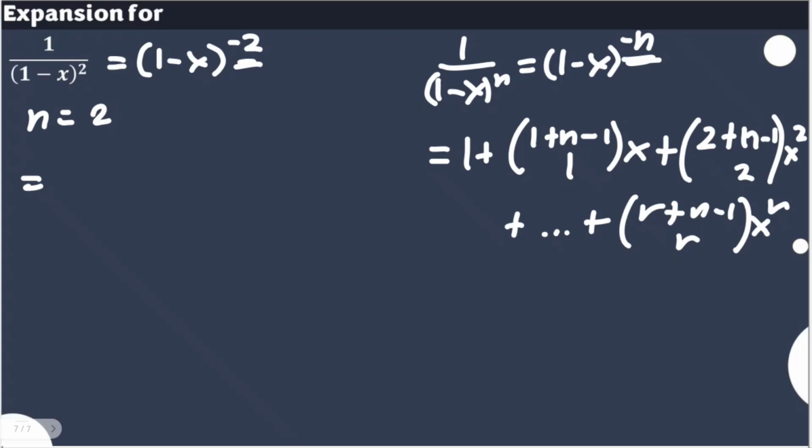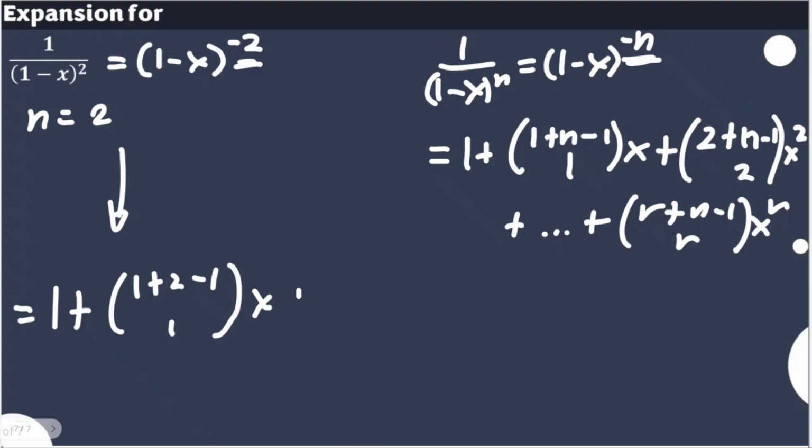Let me move it down here. That would mean you will have 1 plus 2 minus 1 combination 1 x plus you will have here, your n is 2, 2 minus 1 combination 2 x squared plus.